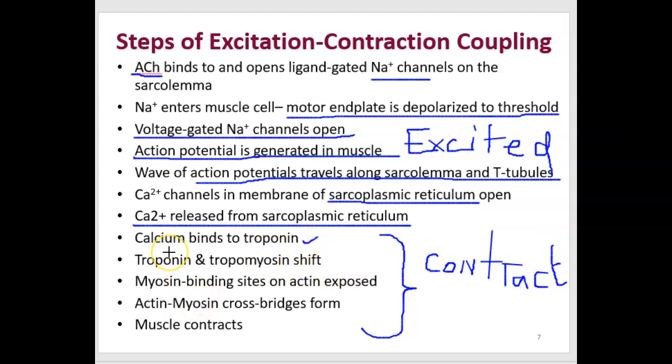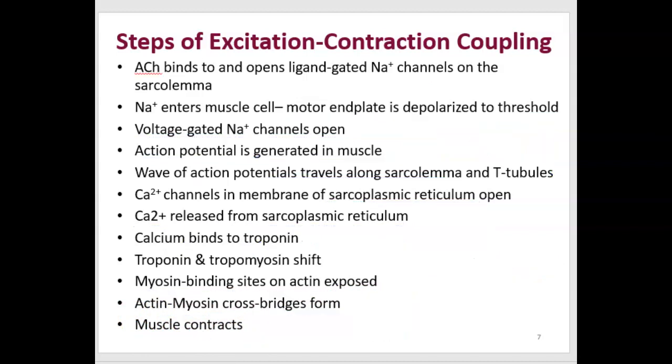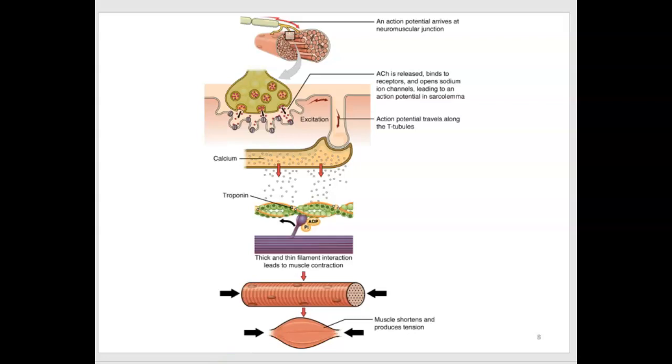When troponin binds to calcium, it shifts, and that causes tropomyosin to shift. And now the myosin binding sites on actin are exposed, and actin-myosin crossbridges form, and the muscle contracts. So overall, if we add it together, we had to have a neuron that was excited for sure.